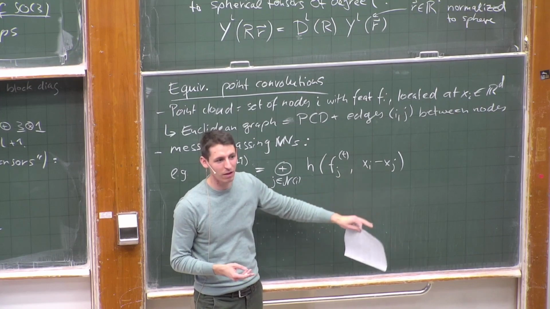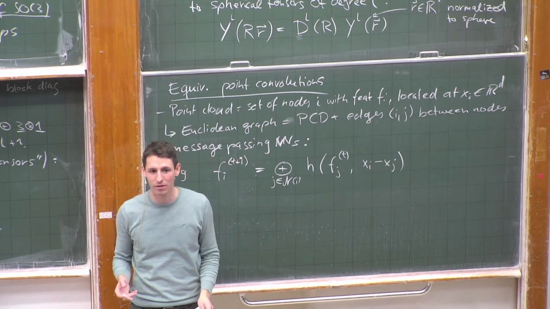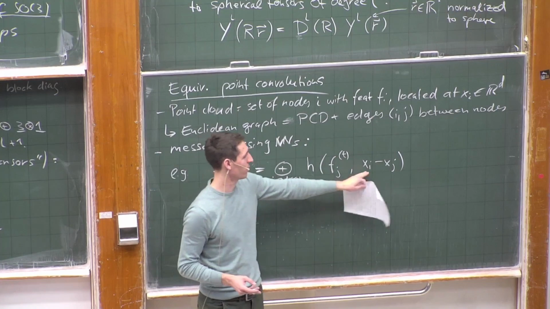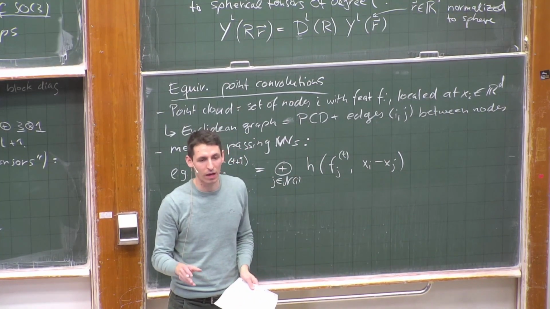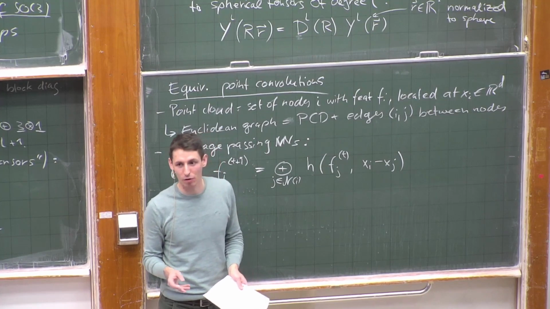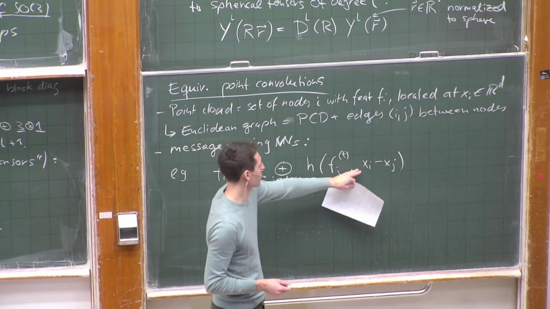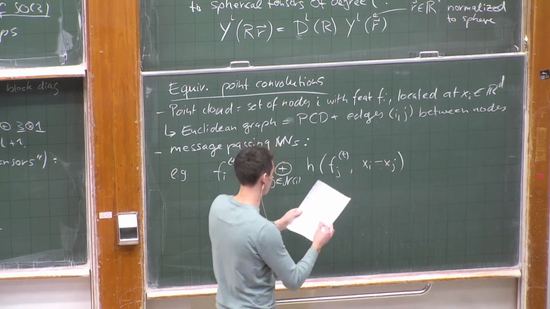One typically always only uses relative positions, so differences between input positions, so that the absolute placement of the origin of your coordinate system basically doesn't matter. So this gives you translation invariance.